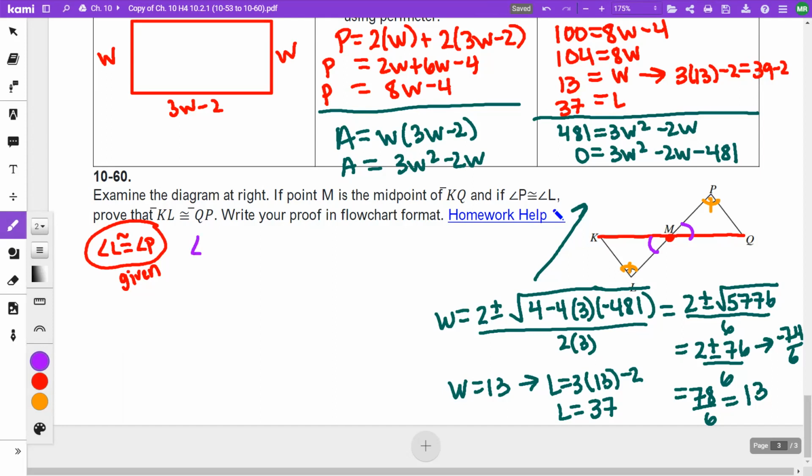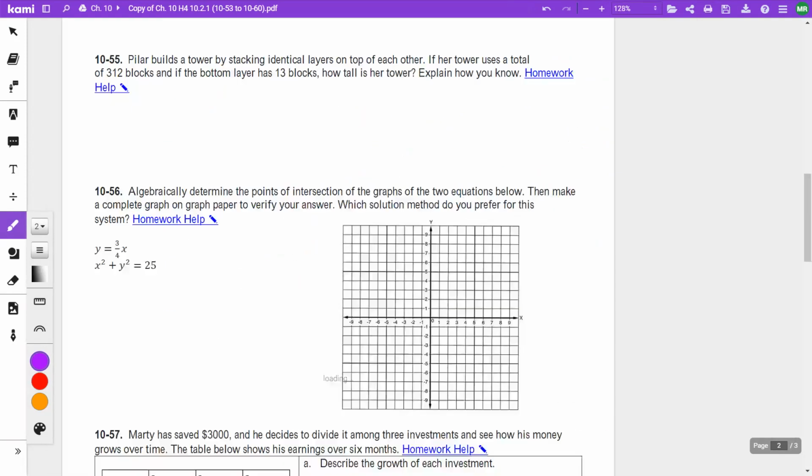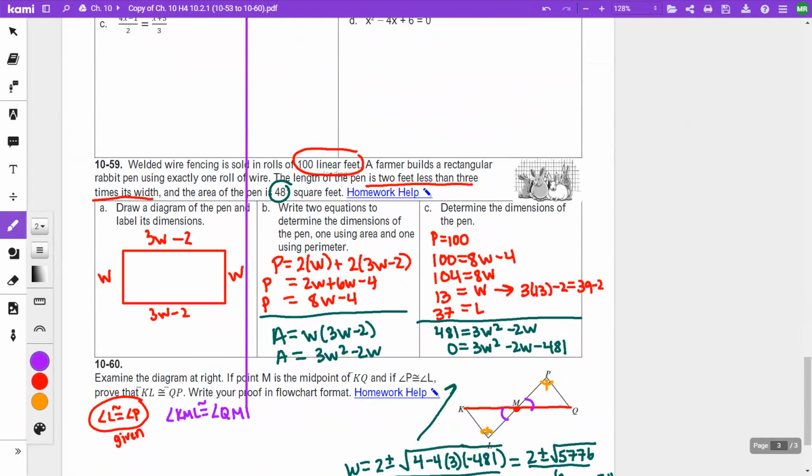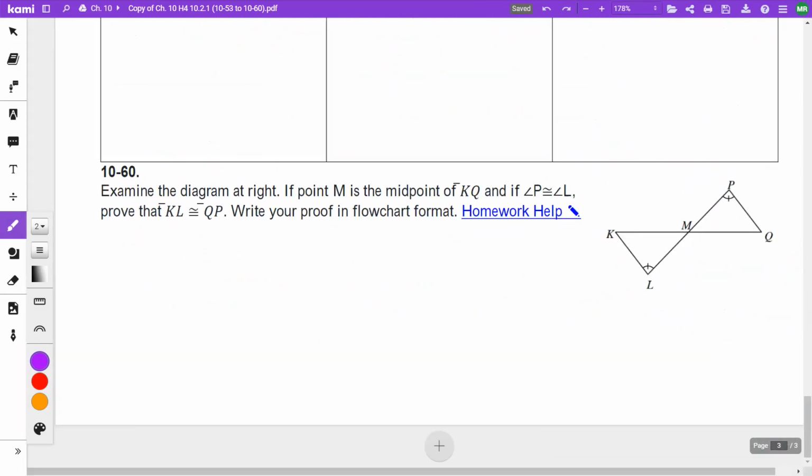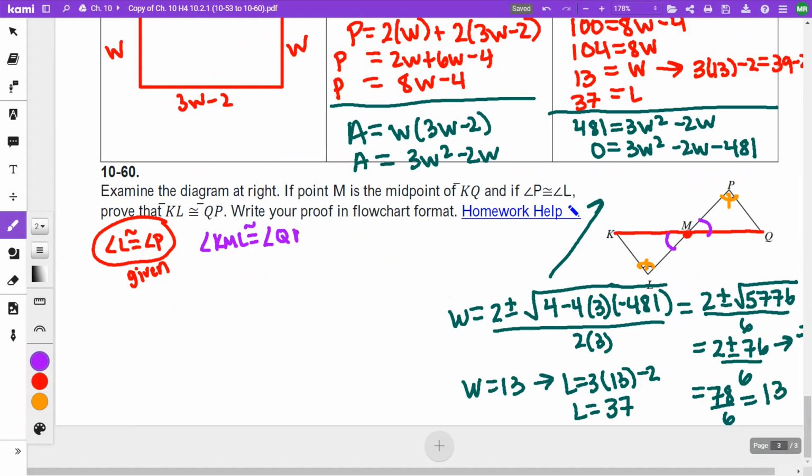So that is going to be angle KML is congruent to angle QMP, and the reason is, sorry, they didn't give us that.